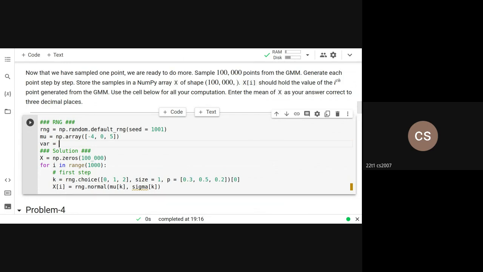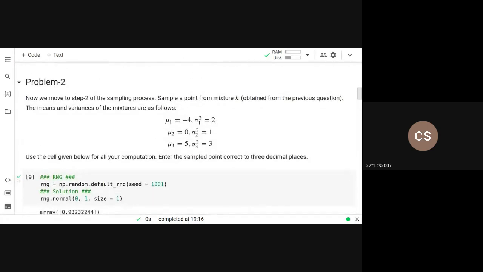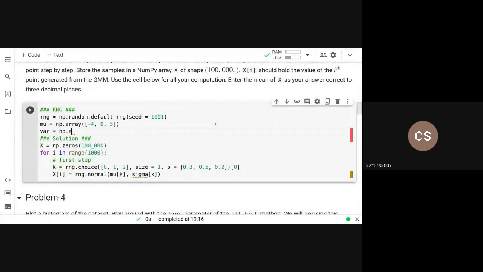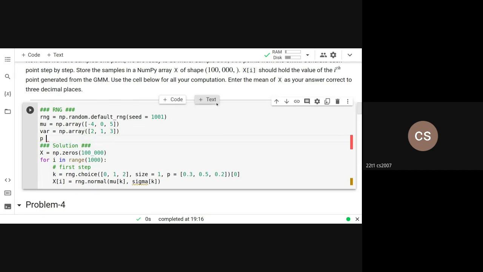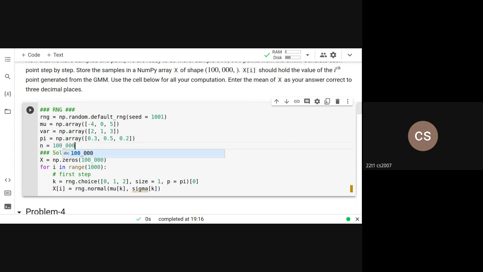The variances are 2, 1, and 3. Now I'll also write the pi values: 0.3, 0.5, and 0.2. I'll replace this with pi just to make it generic. Let me also introduce one variable, the number of data points, 100,000. This will be n, and all these things will become n.